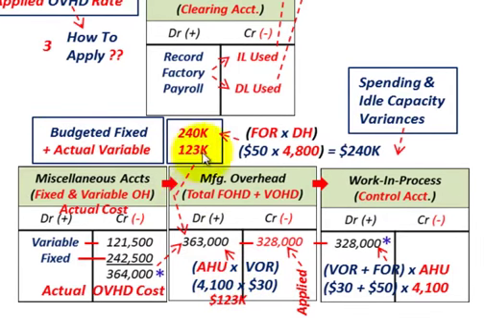So our actual variable is $123,000. Add to it our budgeted fixed, $240,000. So what's coming into our manufacturing overhead control account here, from those miscellaneous accounts, those indirect labor, indirect material, is $363,000 based on our budgeted fixed and our actual variable, based on those actual hours that we have.